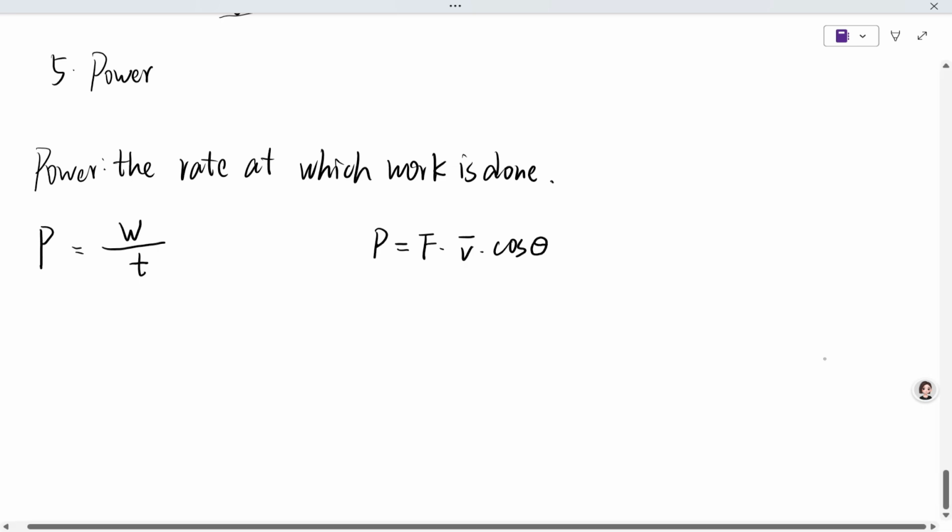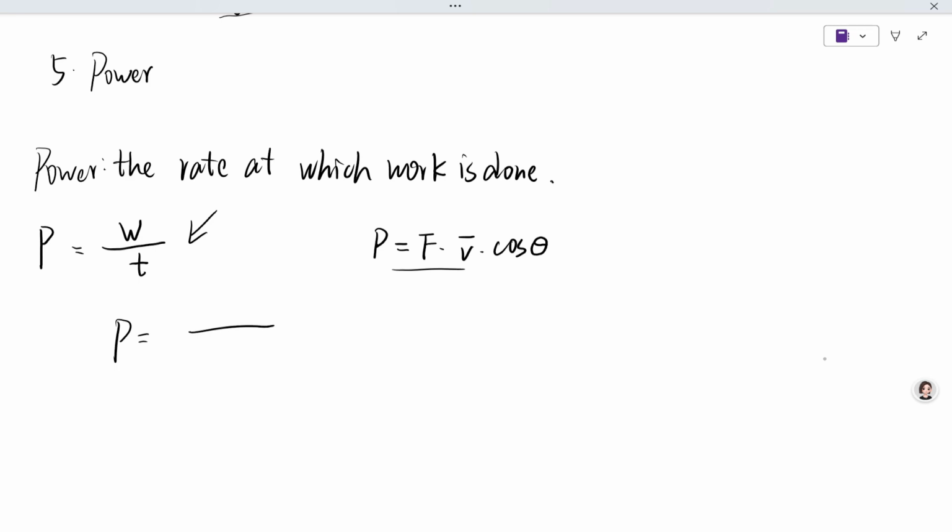Actually, we can get this formula from the first formula. Why? Follow me. P is equal to W over T, right? How do you remember the formula for work? The formula for work is F times the distance it travels times cosine theta, and over T, right? And do you know how to calculate the distance? The distance is the average speed times the time.